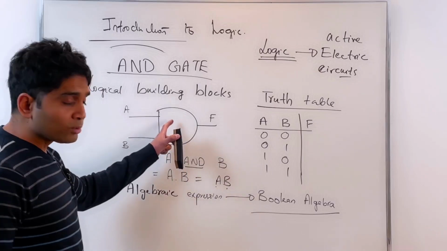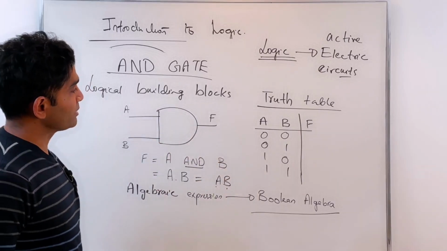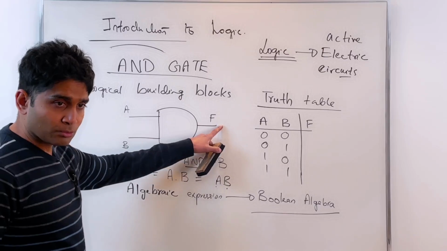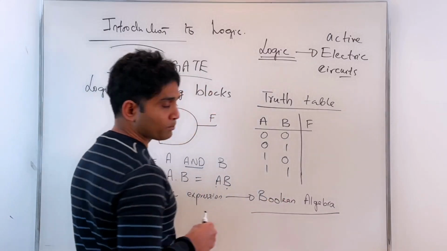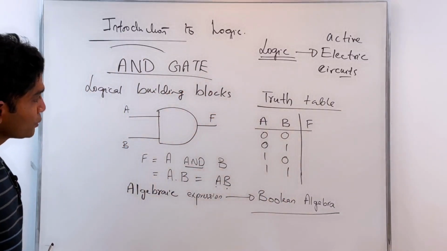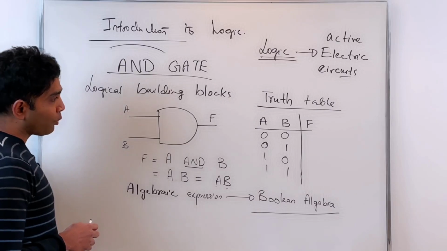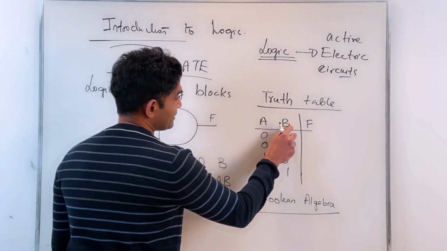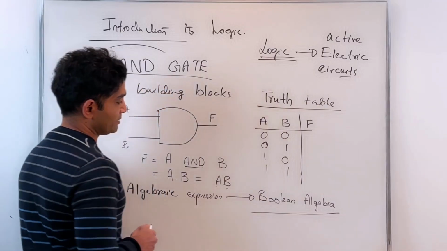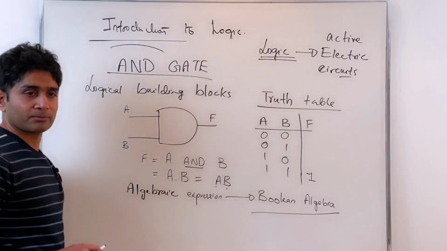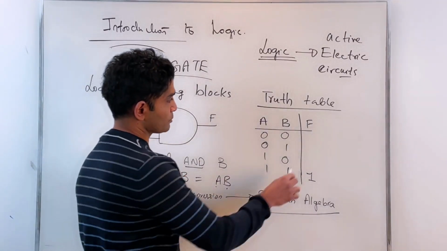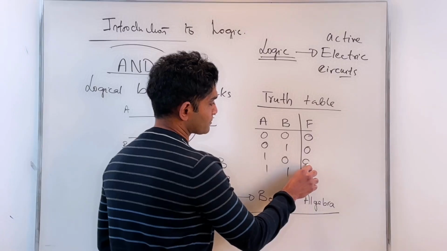And the rule that this particular AND gate would follow is, F is true, or F is 1, because 1 corresponds to the true condition. F is true only when A and B are both true. For everything else, that's false.